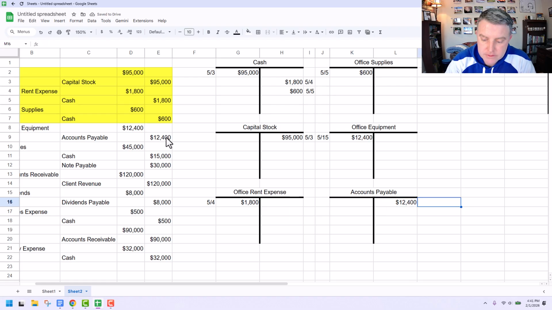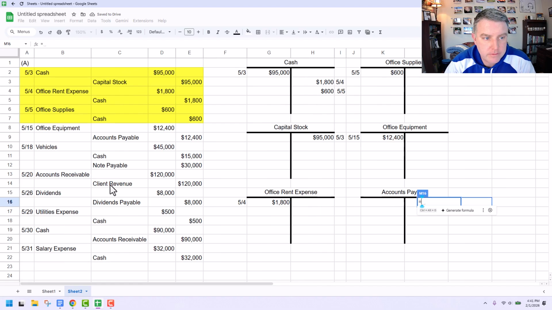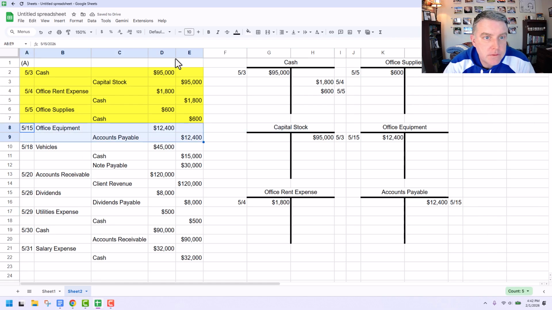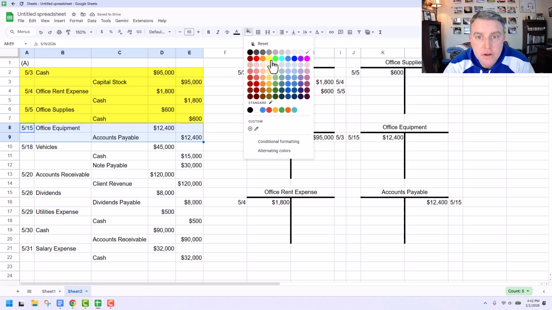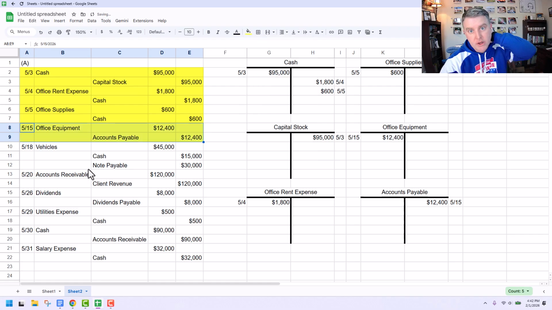And the date of this credit is also May 15th. Just mark that. And you kind of get a sense for the process here, right? I bet you could follow along. And actually, why don't we do that? Let's speed this up. And I'm just going to fill in the rest of the T accounts here for these last 1, 2, 3, 4, 5, 6 journal entries. And then we'll come back and talk about it. All right.